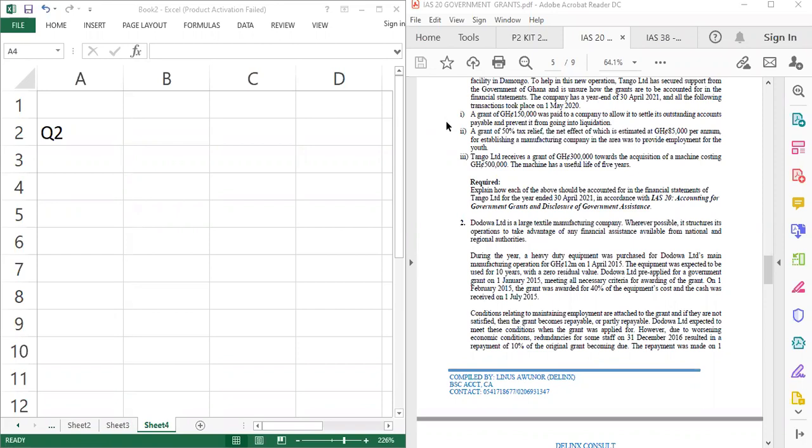The equipment was expected to be used for 10 years with a zero residual value. Dodua Limited pre-applied for a government grant on 1st January 2015, meeting all necessary criteria for awarding of the grant.